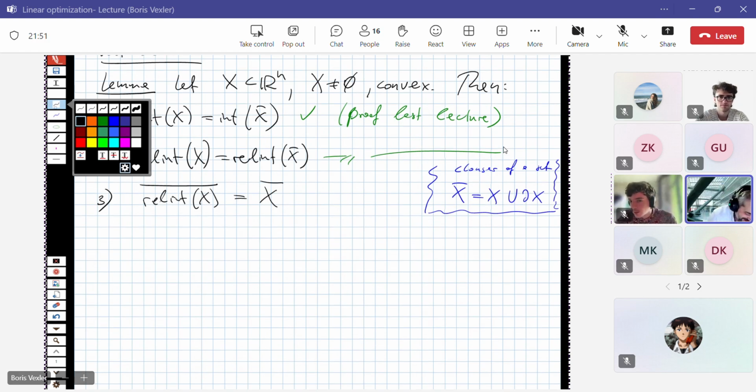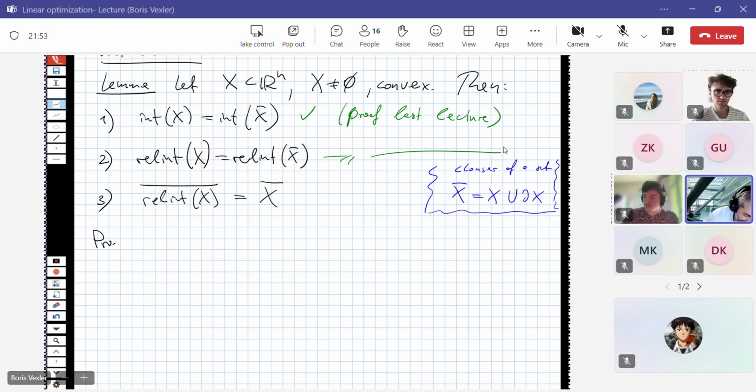Concerning the proof, we need to prove part three. I recall the general structure for such proofs.